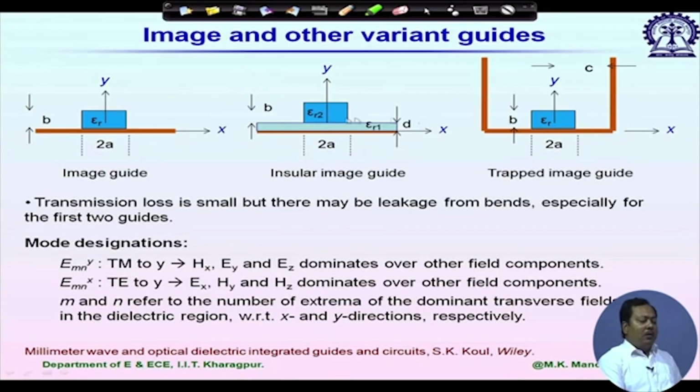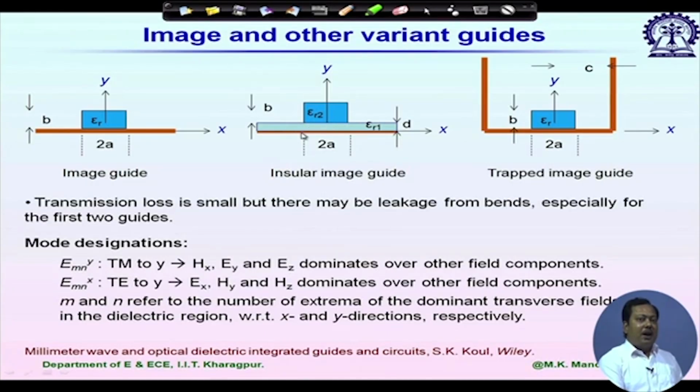For all these dielectric guides, we always face a dielectric boundary. For the first example, we have an air dielectric boundary. In the second example, we have an air dielectric boundary, and in addition a dielectric boundary separated by this interface. So what is the problem we face?